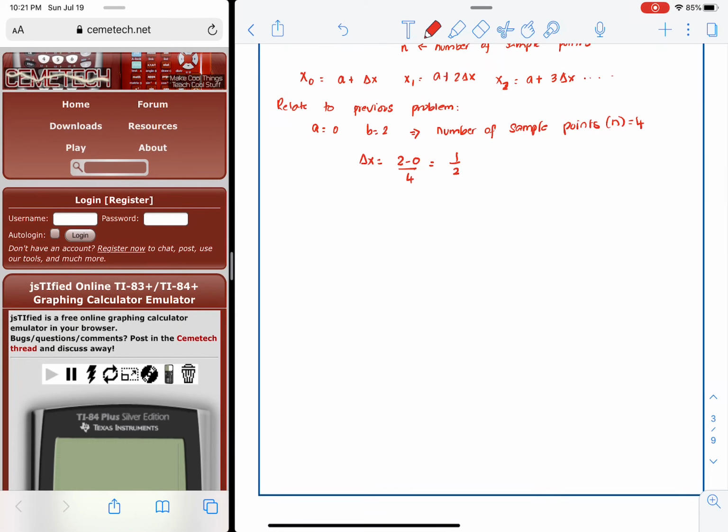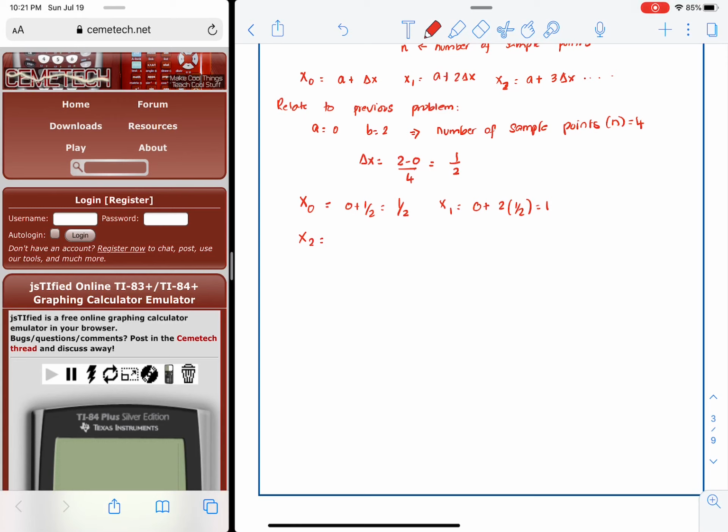If I plug those values in, I would have the first sample point as the starting point, which is 0, plus 1/2, which would give us 1/2. The next one would be the starting point plus 2 times 1/2, which would give us 1.